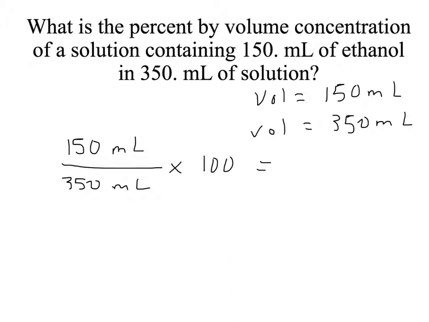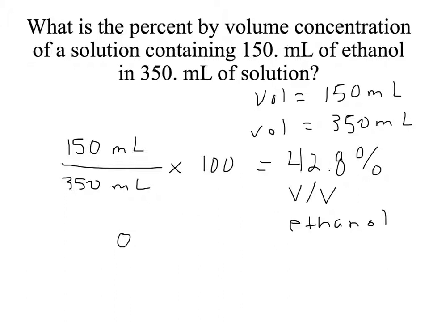So we'll figure that out here. 150 divided by 350 times 100 is 42.8% volume of ethanol. Or if you want to go to the proofs, multiply that by 2 and it's 85.7 proof. Just your fun fact for the day.